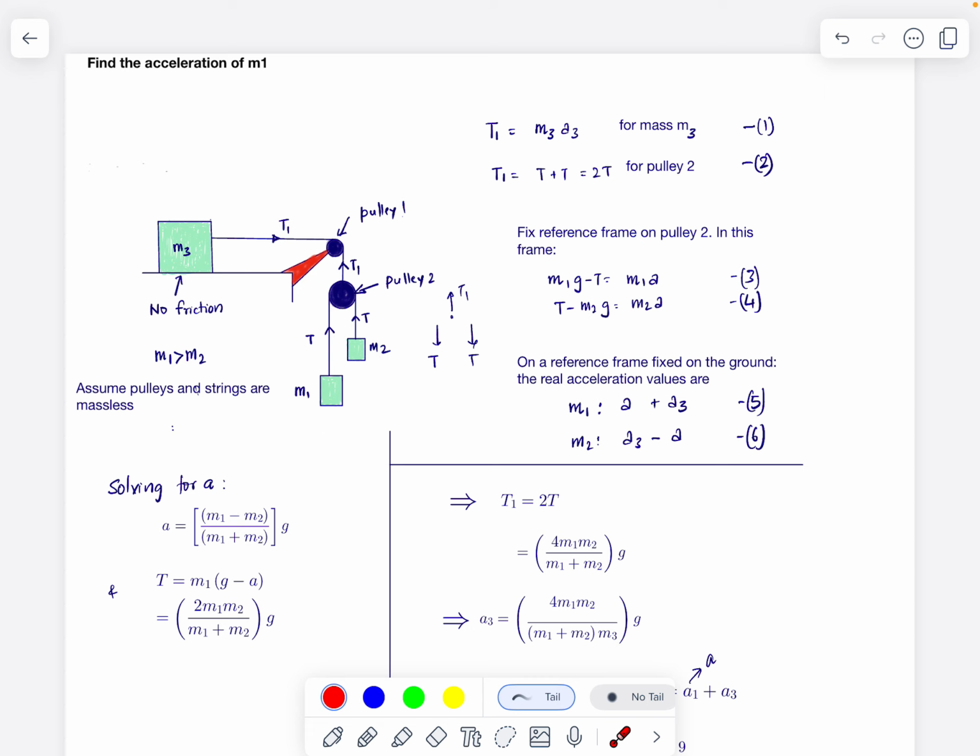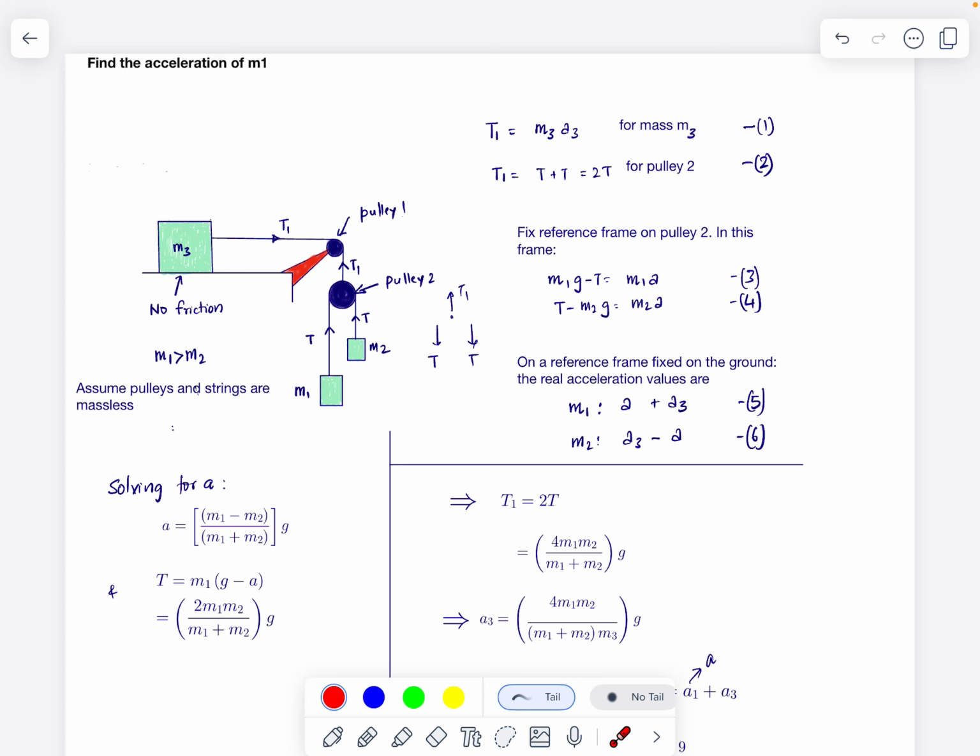For m1, T acts upwards and m1g acts downwards, so the net force is m1g minus T equals m1a. For m2, the weight acts downwards and tension acts upwards, so the net upwards force is T minus m2g, and that equals m2a.